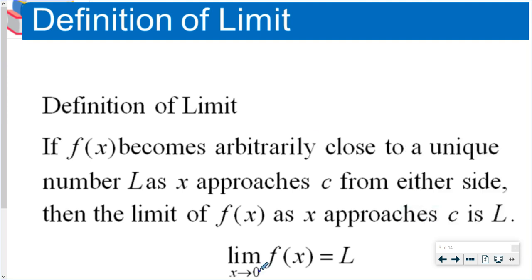This should be the letter c. So this is how you'll see it written mathematically: the limit as x approaches c of f of x is equal to L. And again, L is just some number, and c is just some number as well.